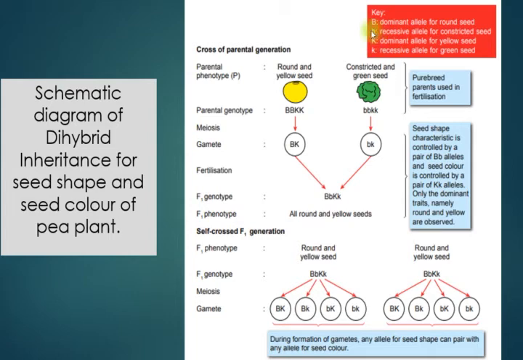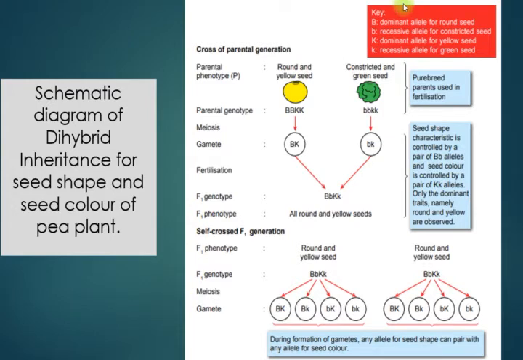Big K, the capital letter K, represents the dominant allele for yellow seed, and small k represents the recessive allele for green seed. That is the key that represents the alleles.